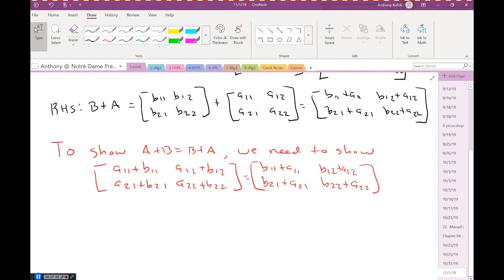So what does it mean for two matrices to be equal? Let's treat this as an aside, because this is not necessarily part of the proof, but we need to understand what this means in order to do what we've said we needed to do there. So what do we think that means?